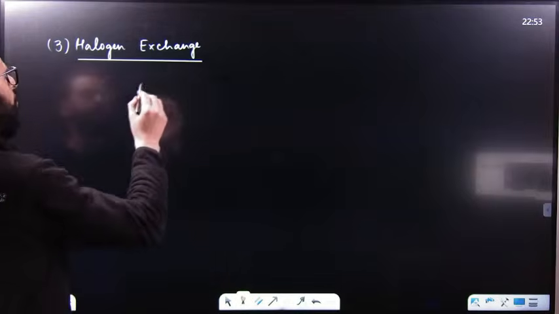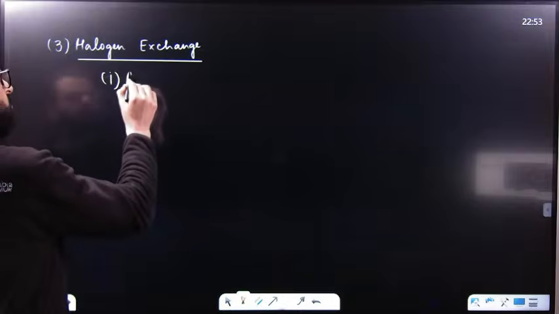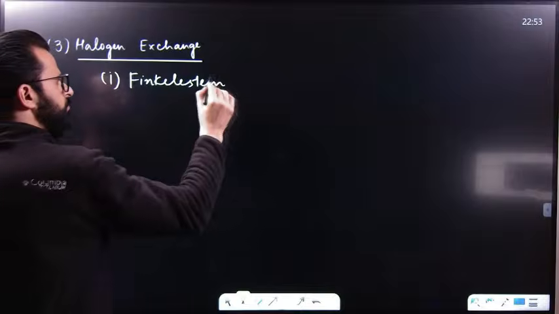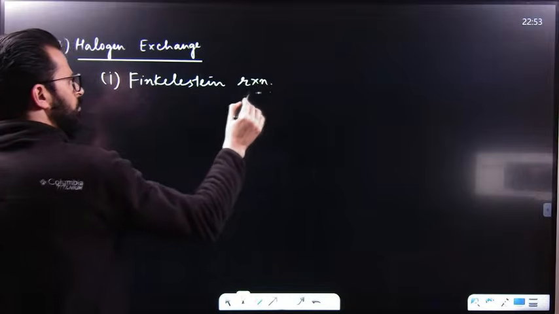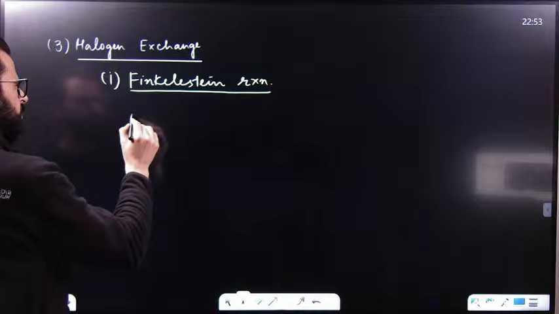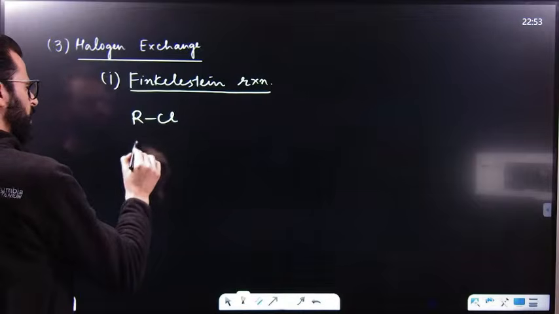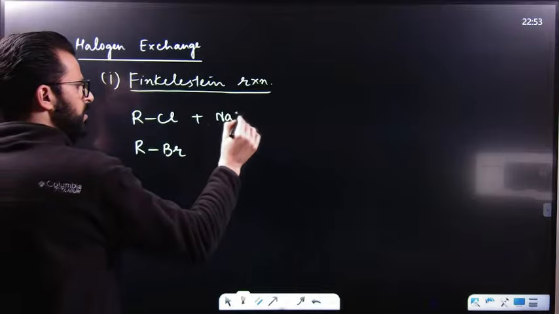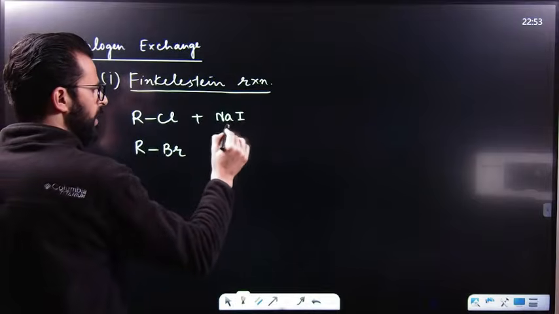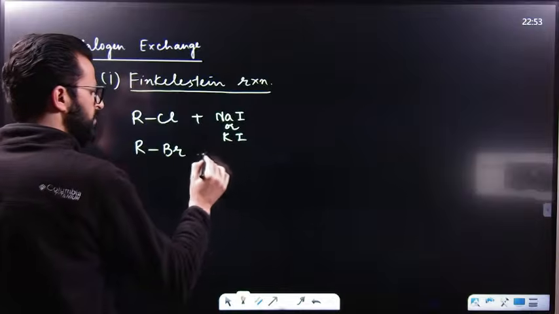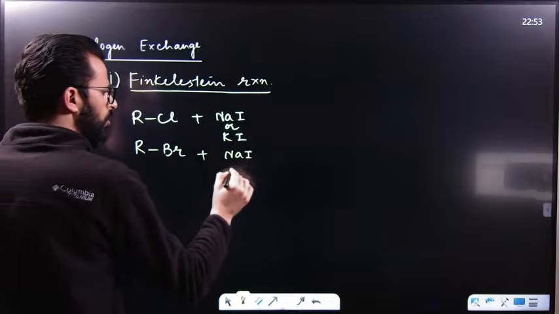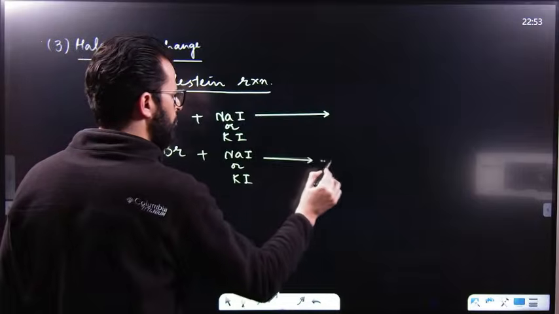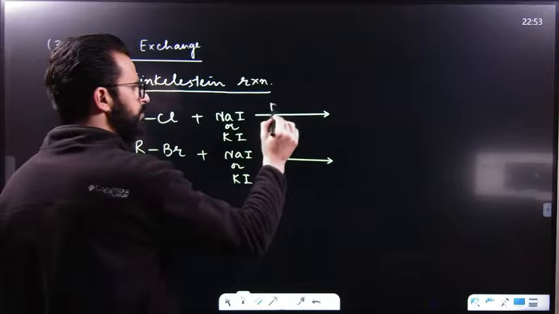Now, halogen exchange. Number one is the Finkelstein reaction. Here, alkyl chloride or alkyl bromide reacts with either NaI, that means sodium iodide, or potassium iodide, in dry acetone.